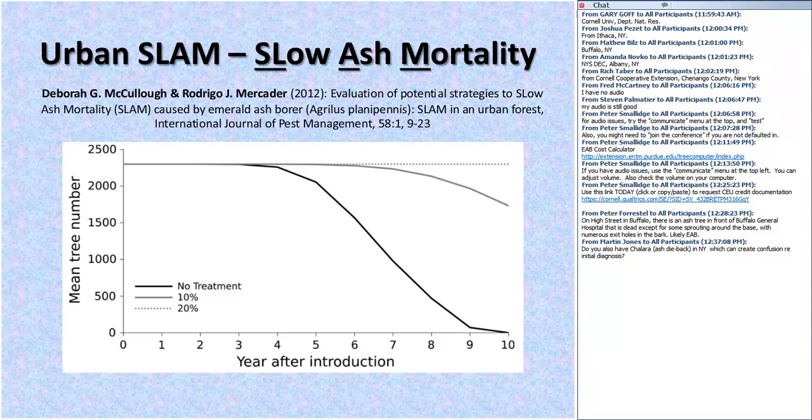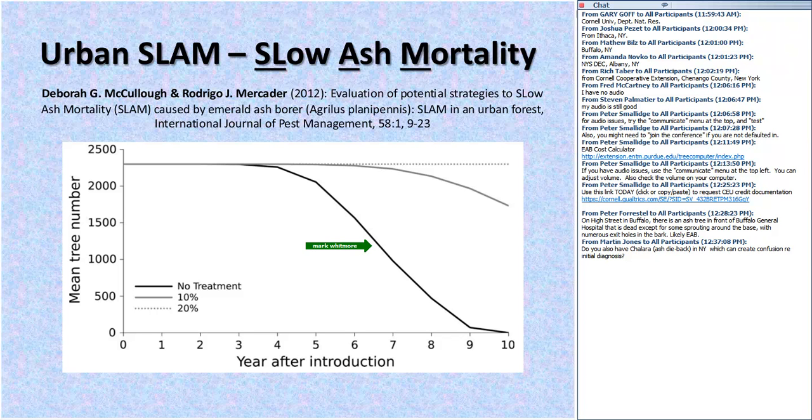It has not been tested experimentally, but it's something I think people need to consider because the implications are huge. They call it SLAM, or slow ash mortality, and basically this is the death curve right here. Just looking at it differently, if you don't treat your trees, this is what happens.